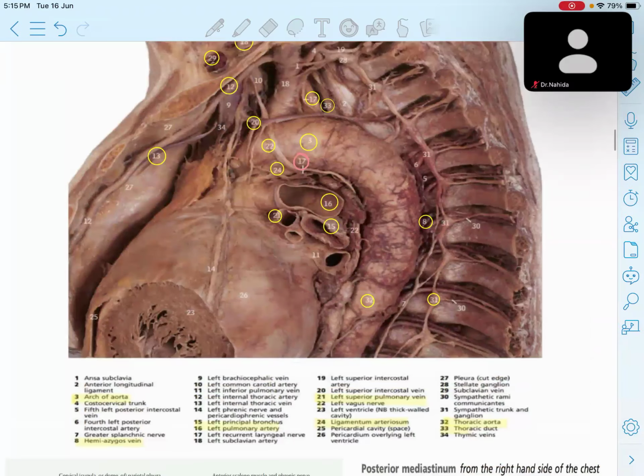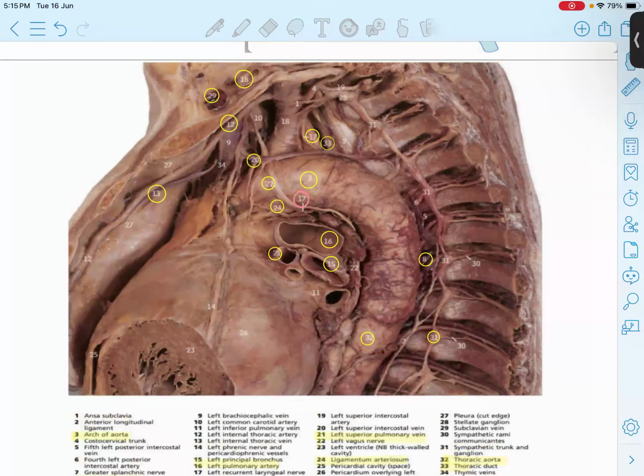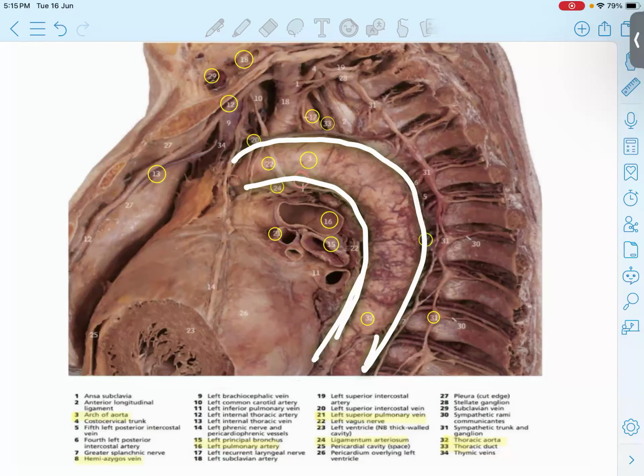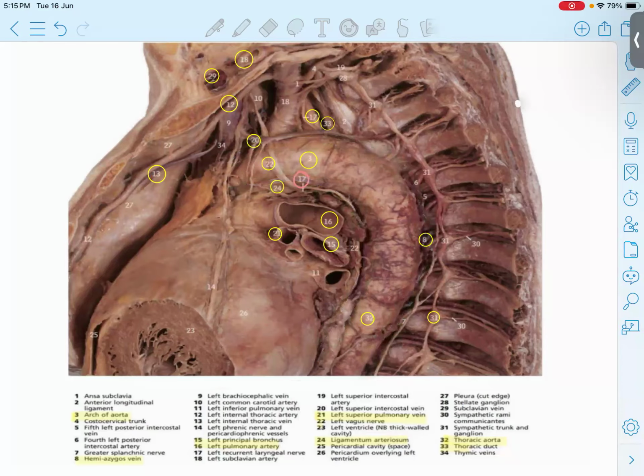When you see this at the very first, which side you will determine promptly in the exam hall, because you will get nervous, and you won't get much time to think. So when you see this arch of aorta and descending thoracic aorta, all structures will be left-sided. Here there is no right-sided structure. Okay.